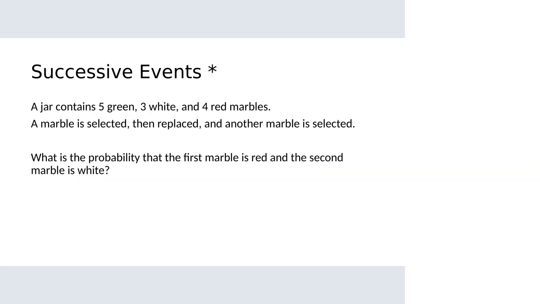Okay, here goes. A jar contains 5 green, 3 white, and 4 red marbles. A marble is selected, then replaced, and another marble is selected. Find the probability that the first marble is red and the second marble is white. I'm going to set up a poll for this one and have you try it.